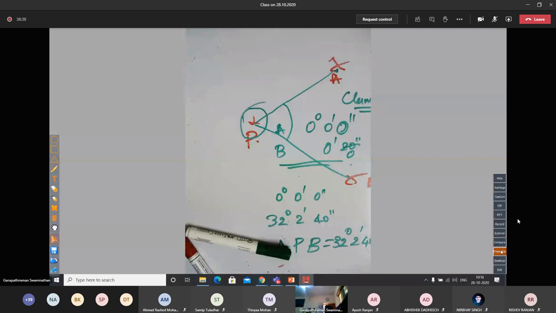I observe the reading. The included angle is measured as APB. This is how the horizontal angle is measured. When measuring a horizontal angle, you have to see that the plate bubble remains at the center.